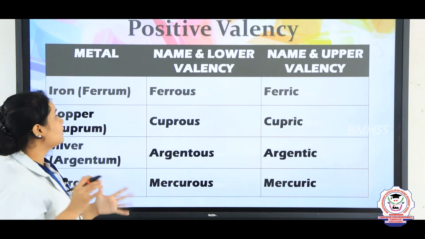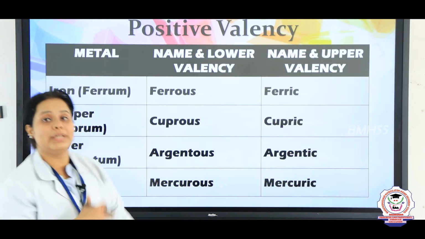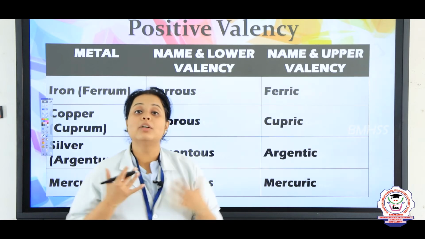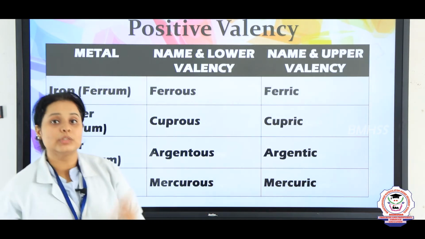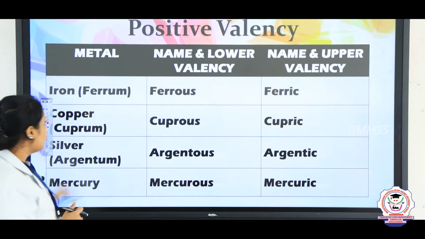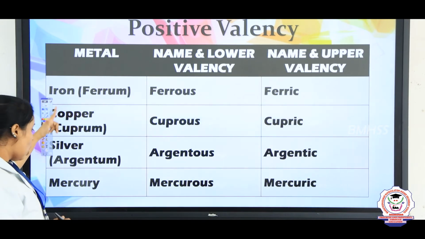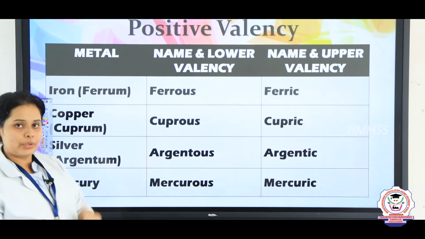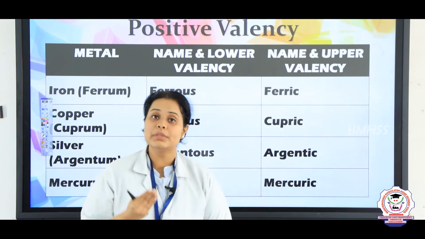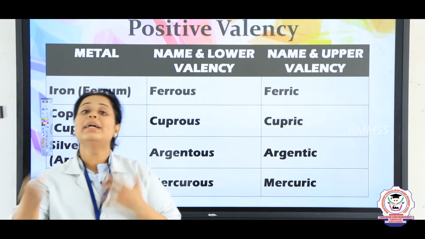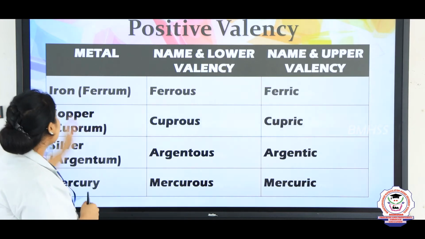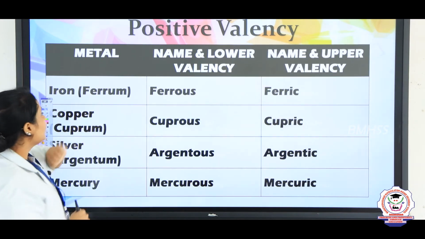So students, now let us come to the concept of multiple valency. Multiple valency can also be known as variable valency. Let us take 4 examples: iron, copper, silver and mercury. These are the 4 elements which will show more than one type of valency. Let us take iron first.